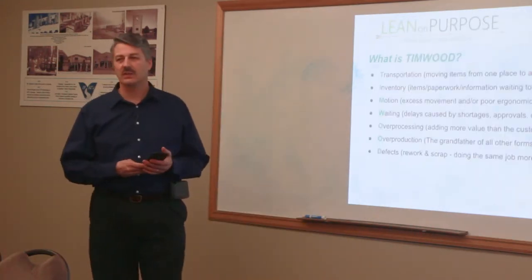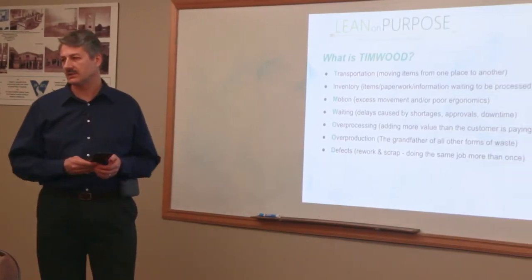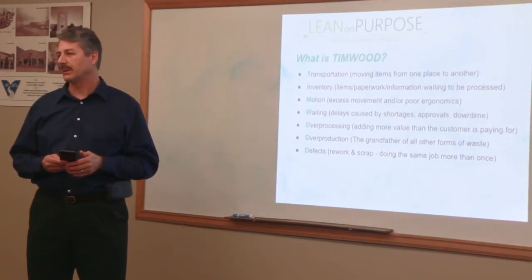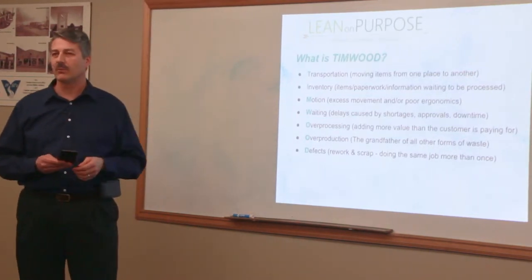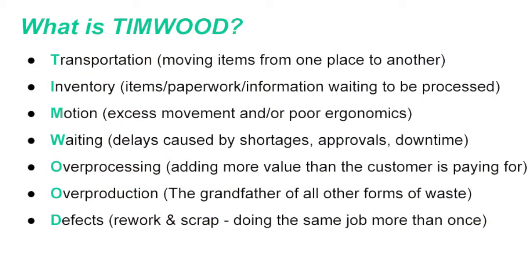There are generally considered to be seven different kinds of waste, and there are various acronyms that people have to help remember what they are. I'm going to use this one called TIMWOOD: transportation, inventory, motion, waiting, over processing, overproduction, and defects.